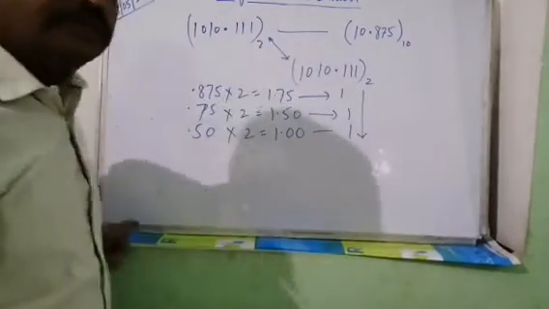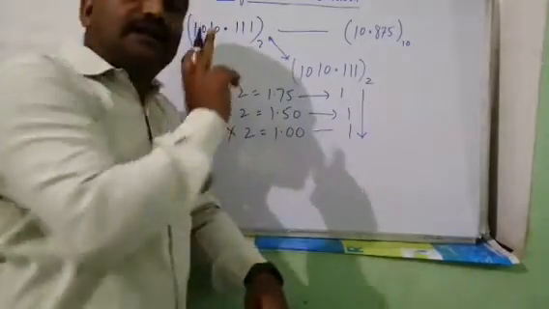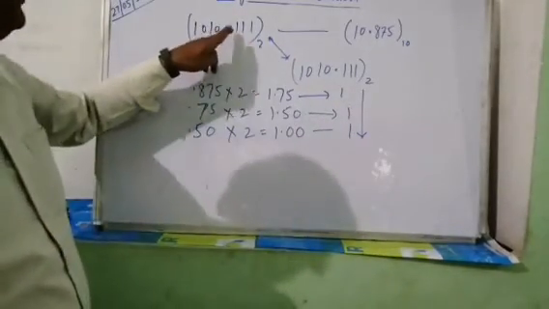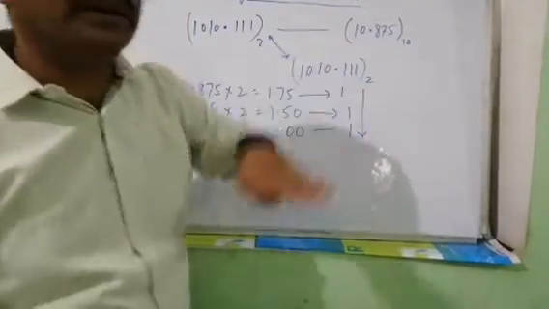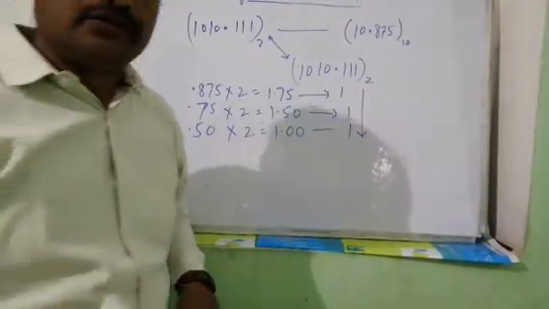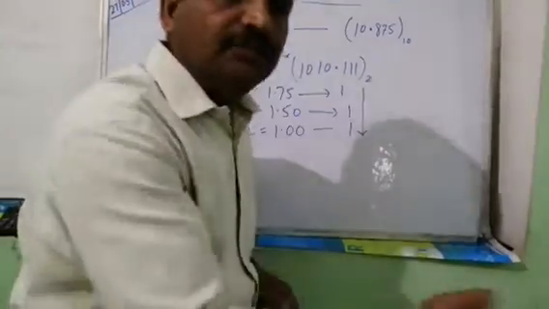This is converted. The same thing is fine. It means the decimal of 1010.111 is 10.875. So this is the way to convert the binary fraction to the decimal part.